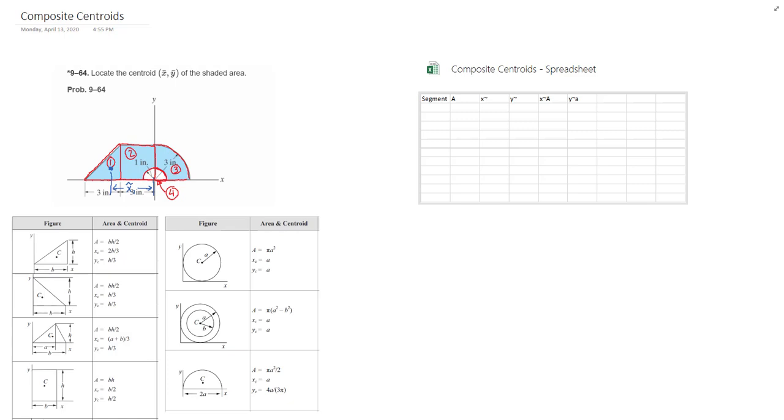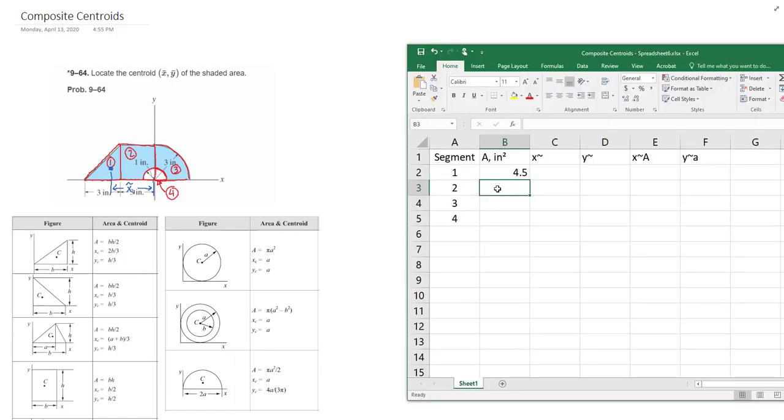The x tilde of 1 location is going to be 1/3 of the base, but the 1/3 of the base is 1 inch, and it's not located at 1 inch. So the x tilde location is going to be minus 4 inches over 3 plus another 1. The y tilde location is going to be 1 inch.